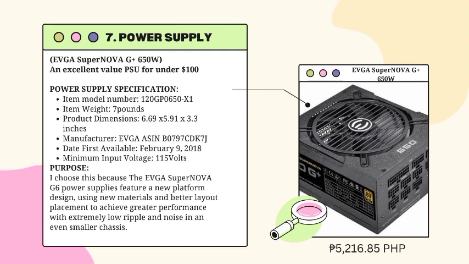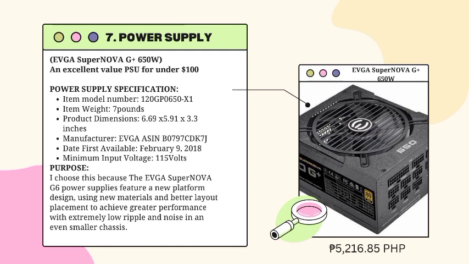Number seven, power supply. The brand that I choose is the EVGA Supernova G Plus 650W, an excellent value PSU for under $100. For the power supply specification, I choose this because the EVGA Supernova G6 power supply features a new platform design using new materials and better layout placement to achieve greater performance with extremely low ripple and noise in an even smaller chassis.